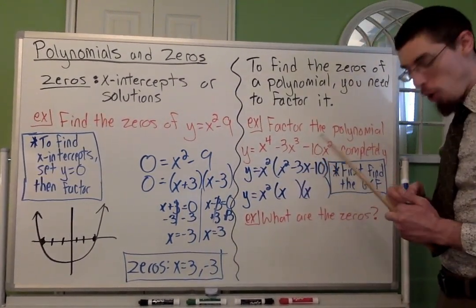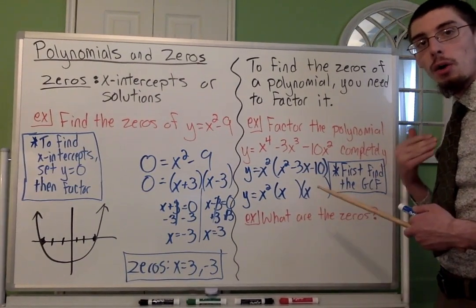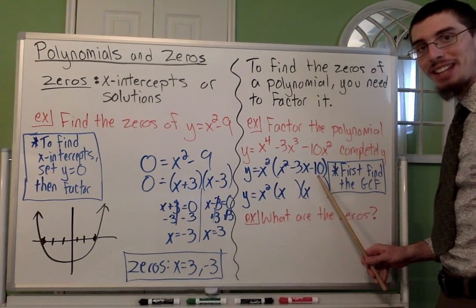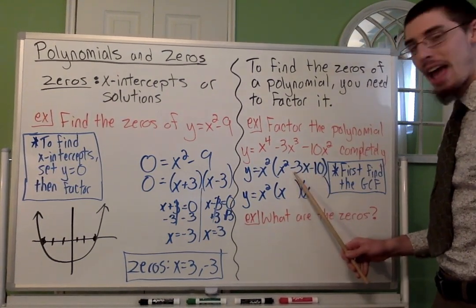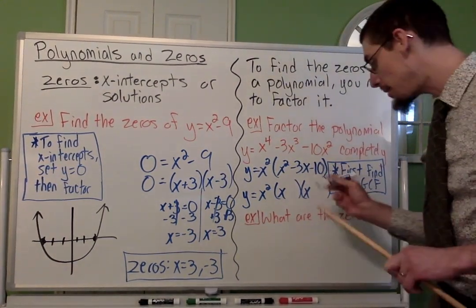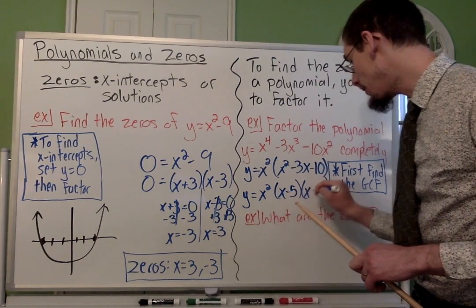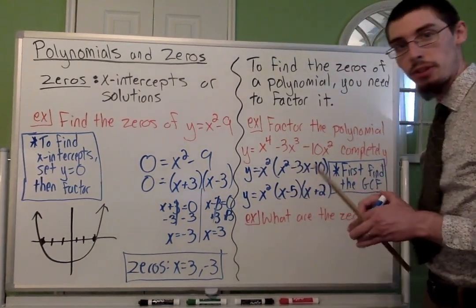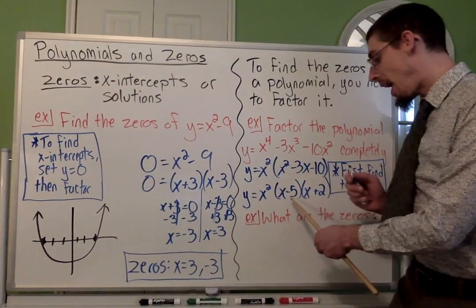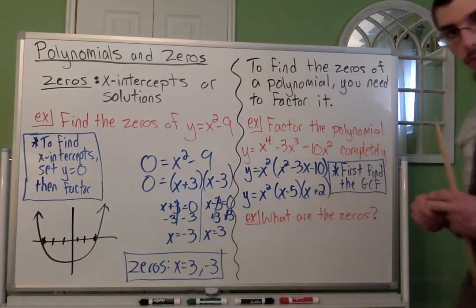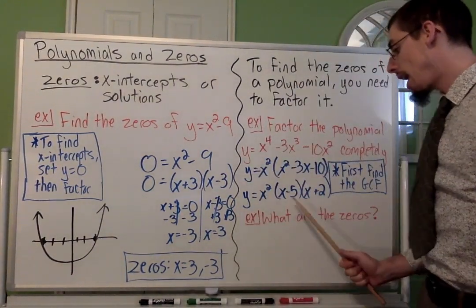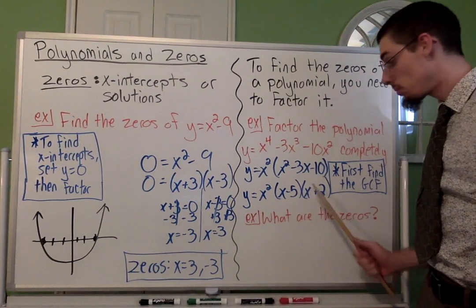Now, this trinomial is the type where, through factoring, I'm trying to find 2 numbers that multiply to negative 10 and add to negative 3. And the numbers that do that are negative 5 and positive 2. Because negative 5 times 2 is negative 10. And negative 5 plus 2 is negative 3.